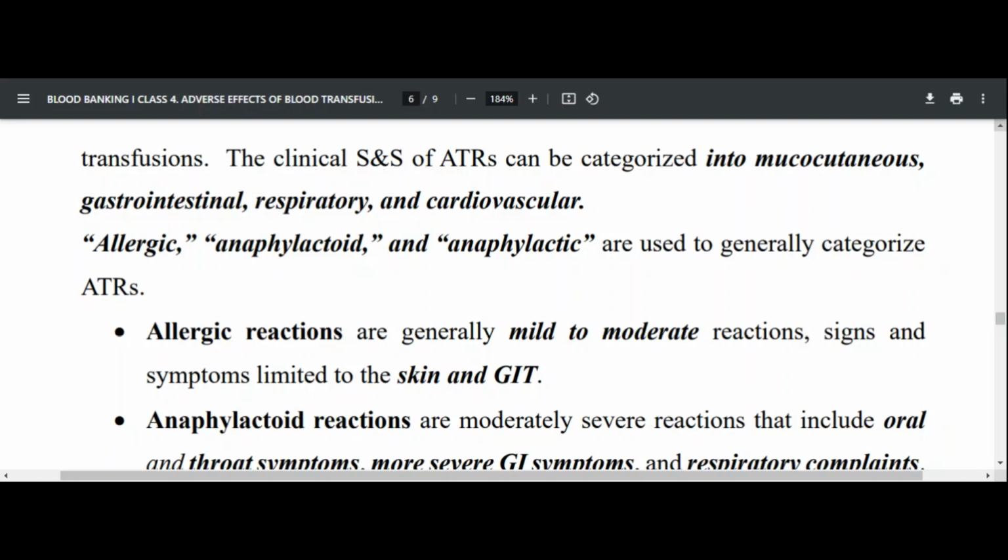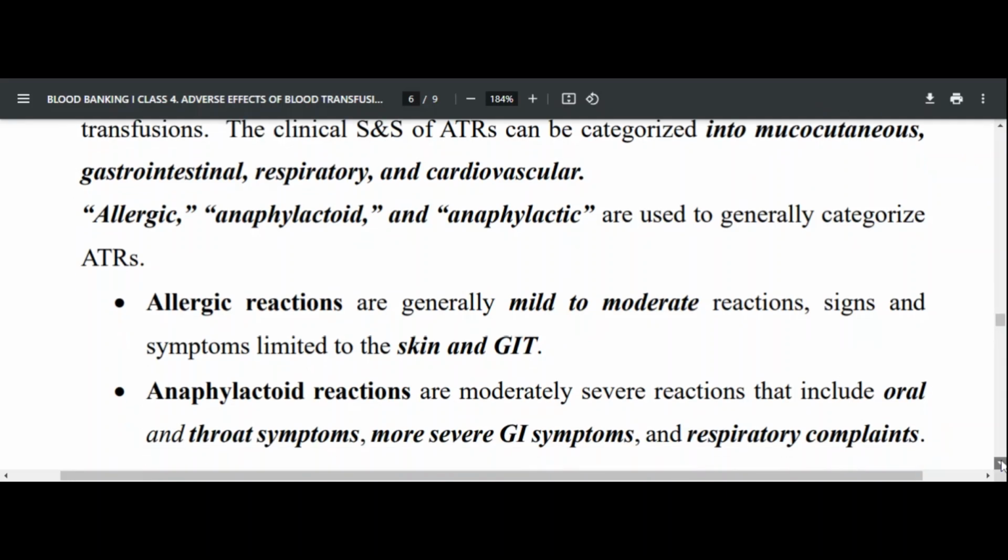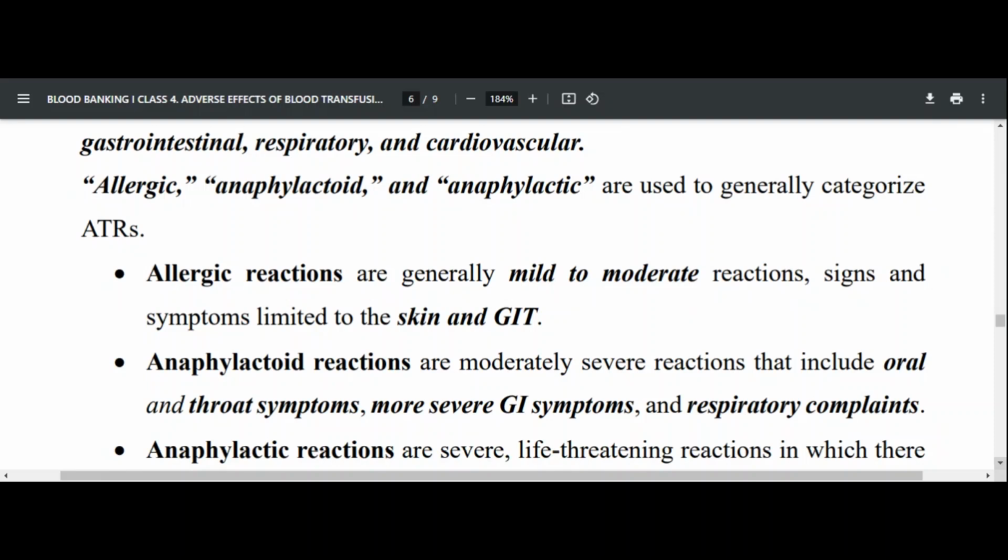So what happens when it is an allergic reaction? In an allergic reaction, the patient experiences mild to moderate symptoms. For example, you only find that the patient is experiencing skin reactions.